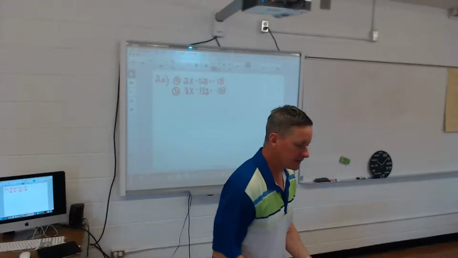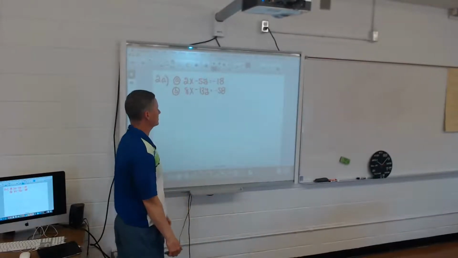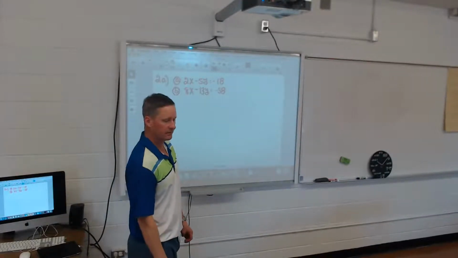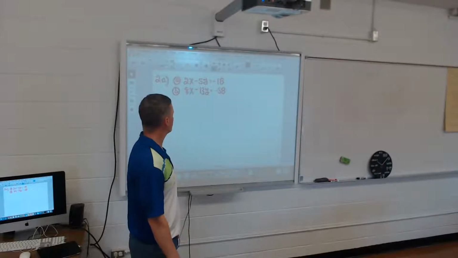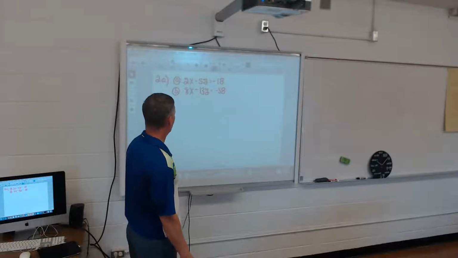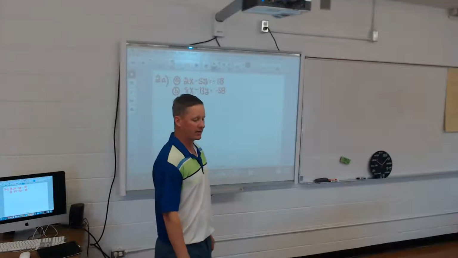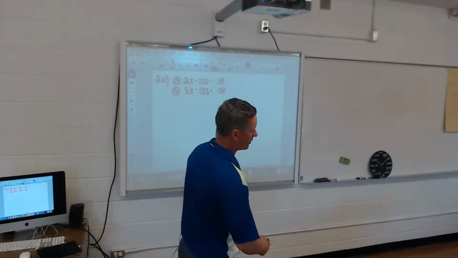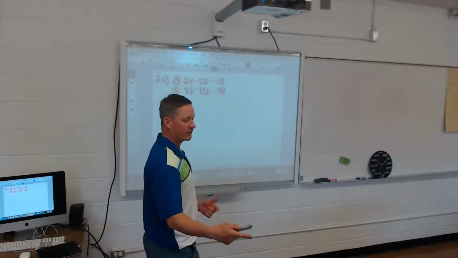Which method do you like to use? Do you want to use the elimination method, or do you want to use substitution? Or do you have a preference? Substitution, please. Okay, so all right, which one, how about you work this through with me? Which one did you solve for to get by itself? Which equation did you work with first, A or B?